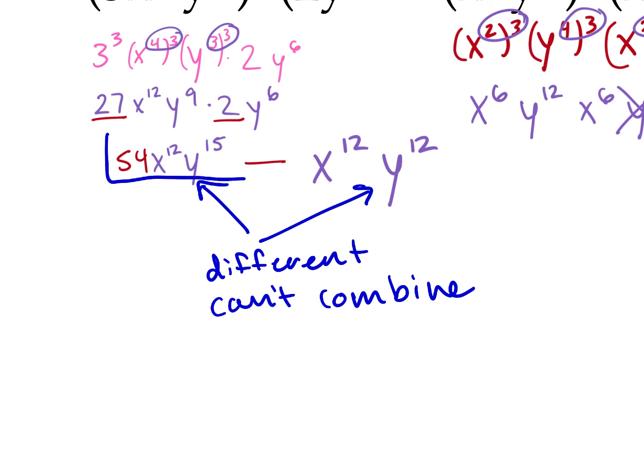So this would be our final answer. The exponents with the variables have to be the same in order to subtract the coefficients, and then you leave the variable part the same. So we just leave it like that, different, can't combine. You can just leave it like that, as long as you know that you just can't subtract them.